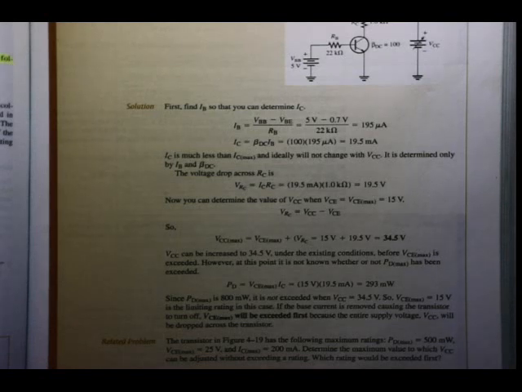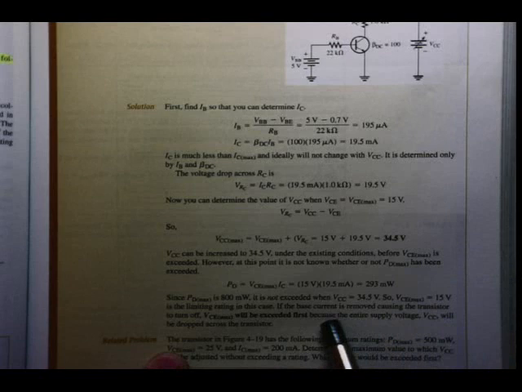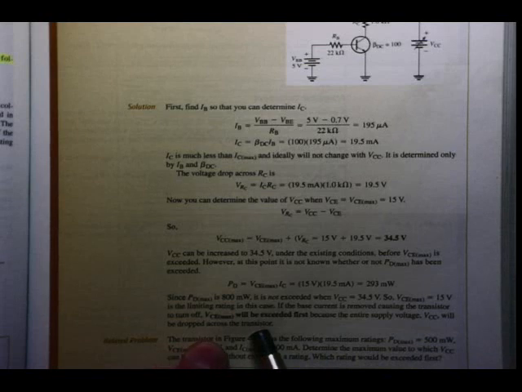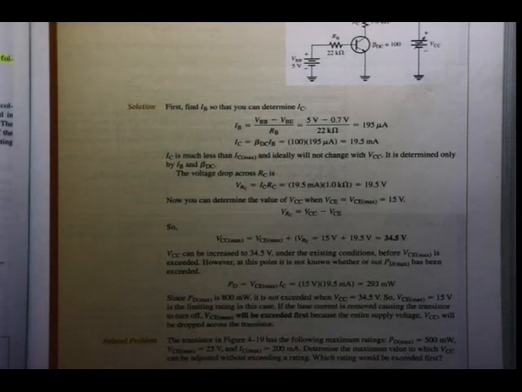What is VCE then? It is the supply voltage, because the entire supply voltage, VCC, will then be dropped across the transistor. The entire voltage will be dropped, which is going to be more than that. Alright, please work through that again to make sure that you understand.